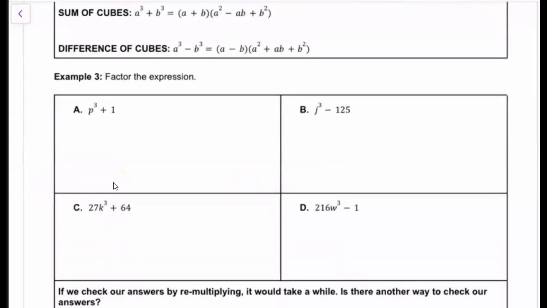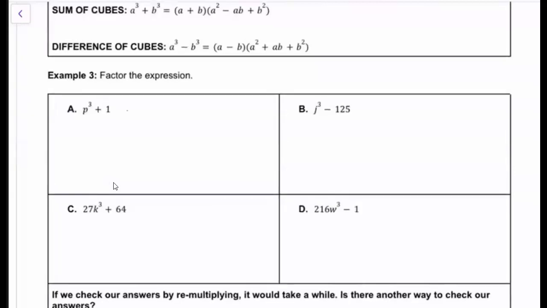So let's check this. Now the first one's pretty straightforward. P cubed is a perfect cube because it's just p to the 3rd power. And 1 is a perfect cube because it's 1 times 1 times 1.